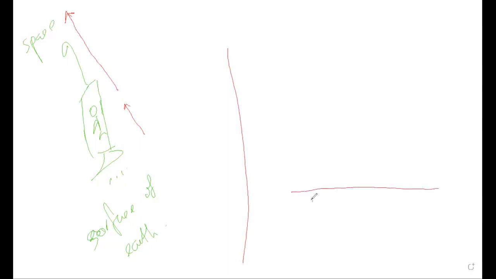at the surface of the Earth, now we launch the astronaut. Let me give a simple example. We want to throw a stone. If we throw a stone upwards, the stone will fall back to the Earth, right?